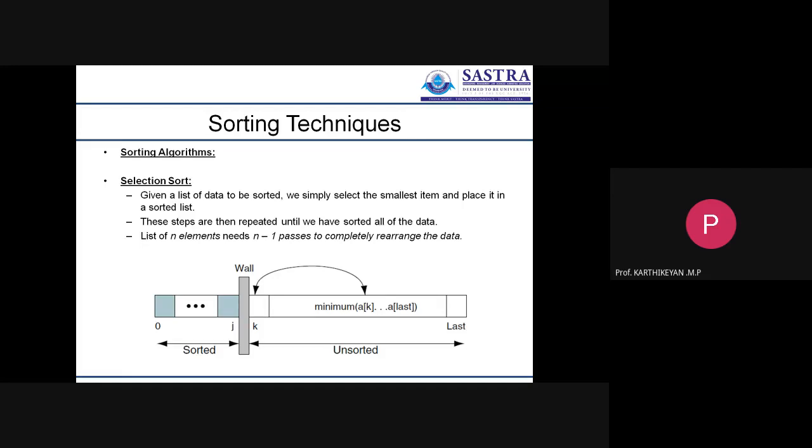We select the smallest value in each pass and move it to the front, into the sorted part. With each pass, the sorted part of the array grows and the unsorted part shrinks. At the end, the entire array is sorted.